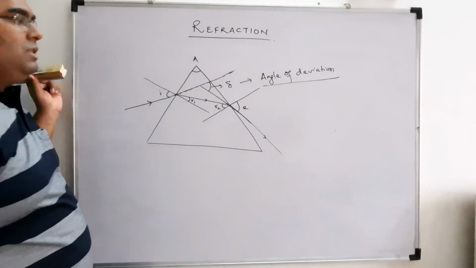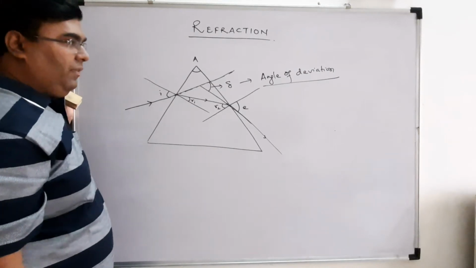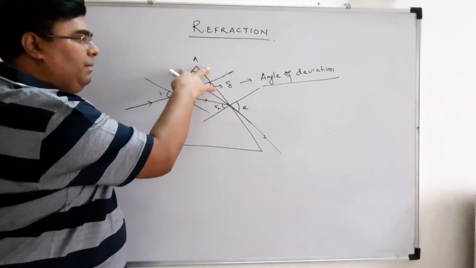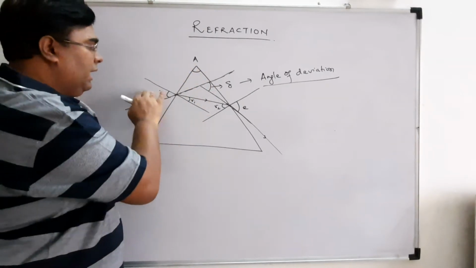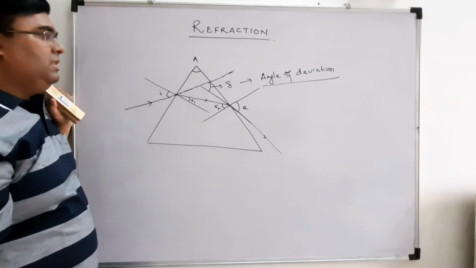Correct? Now we will find out the formula for this angle in terms of prism angle A, angle I, and E.